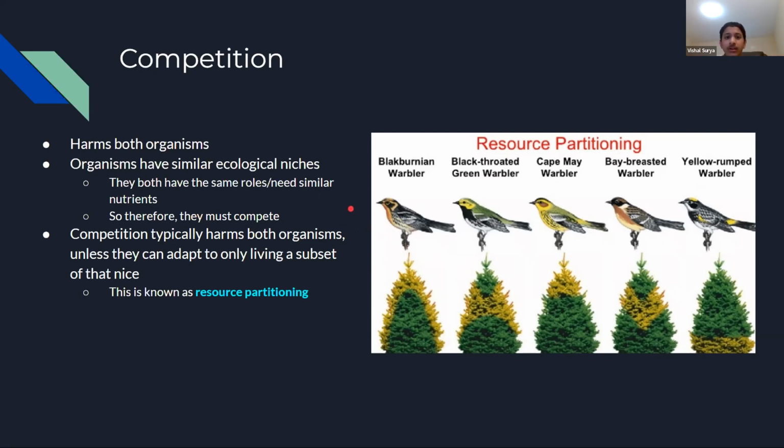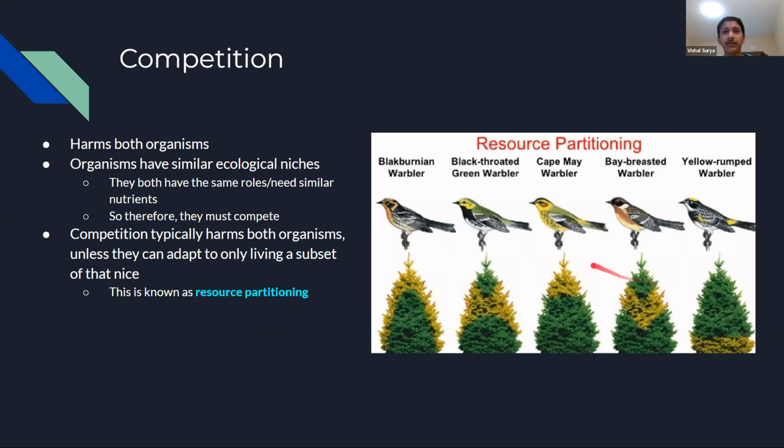But the realized niche is what's actually happening, and it's typically only a subset of the fundamental niche. Sometimes the fundamental niche can be smaller than the realized niche, but that's beyond the scope of the discussion, and it's not really needed to know. They don't really test that. The way that they take a subset of that niche is called resource partitioning, where they partition or split up the resources.